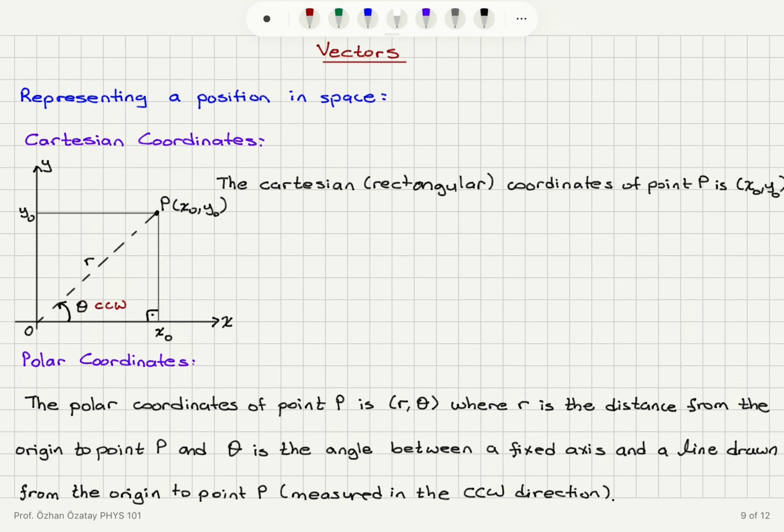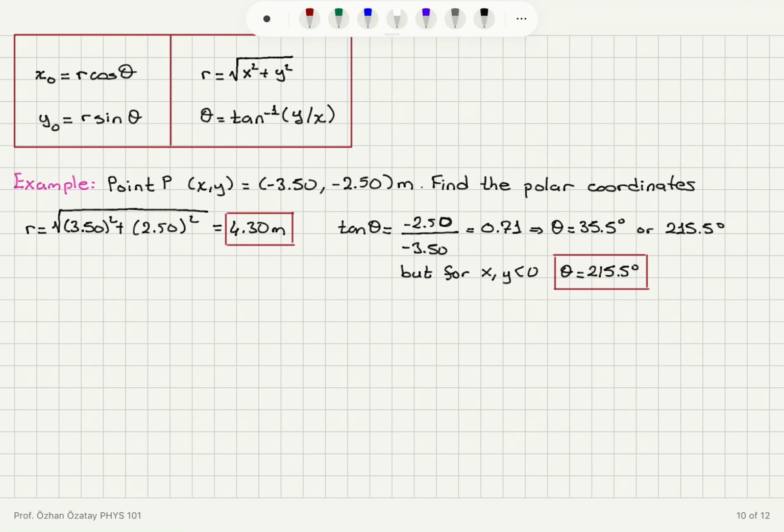So x0 is r cosine theta. And similarly, sine of this angle will be y0 divided by r, so y0 is r sine theta. So this is how we transform between polar coordinates and Cartesian coordinates.